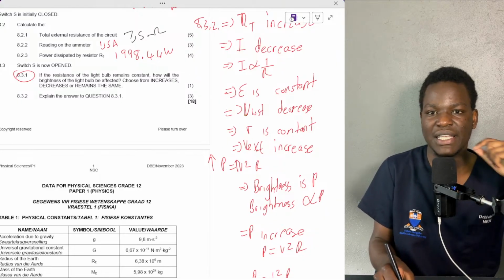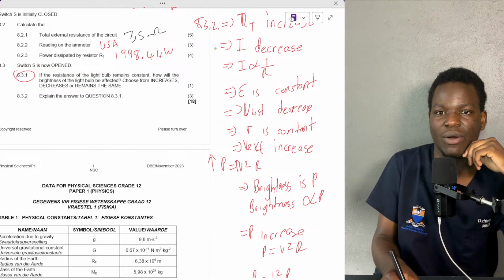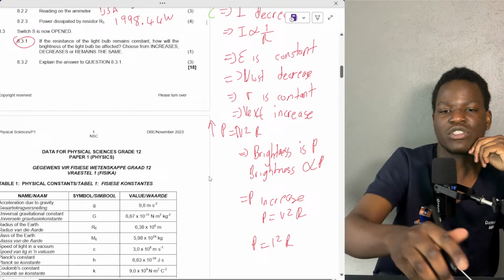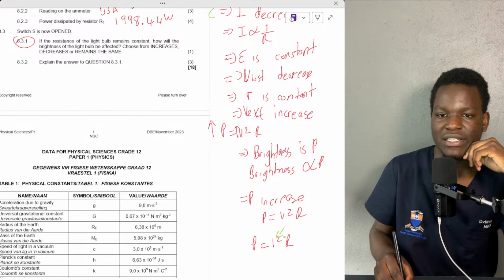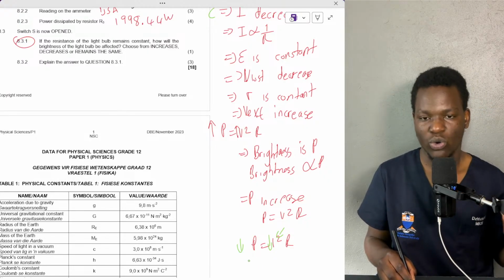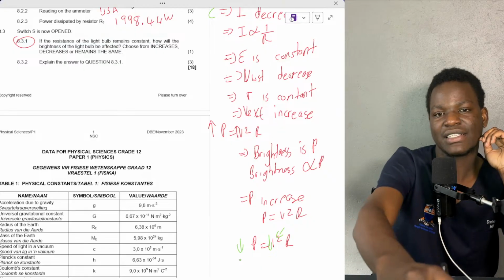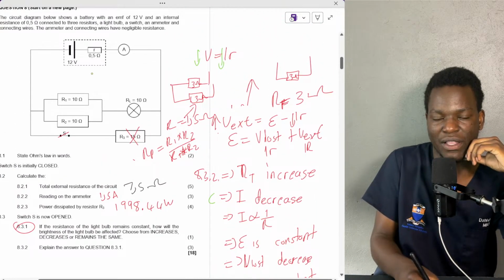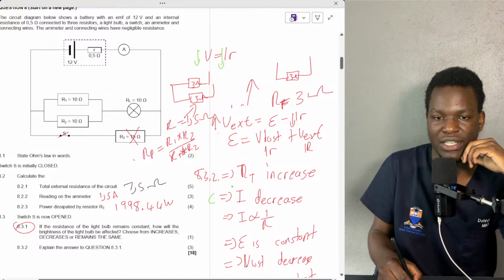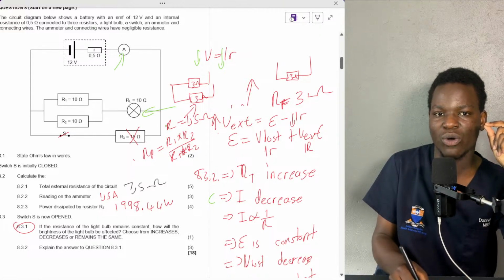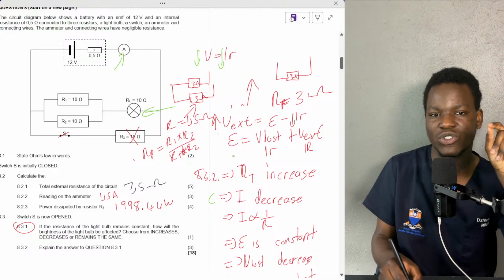They will say, oh, because the current has decreased here, therefore power decreased. No, no, no, no. What is this current? The current that we see up here is the total current, not the current across this bulb.